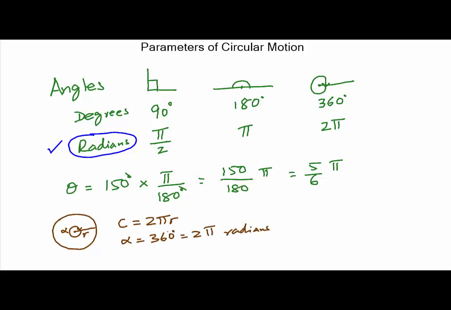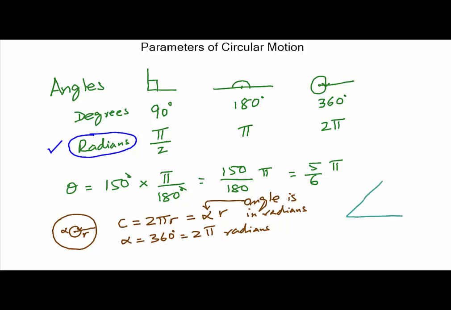And now you can see that the circumference of the circle was nothing but the angle that the circle included times the radius. But this equation only works when this angle is in units of radians. Now this relationship is not limited to only a full circle.